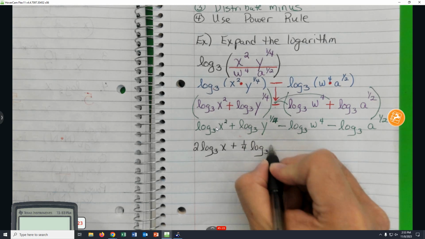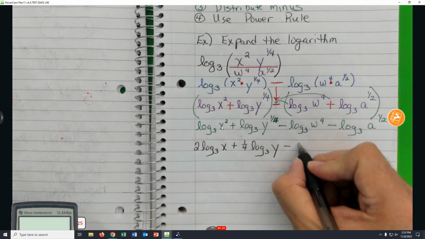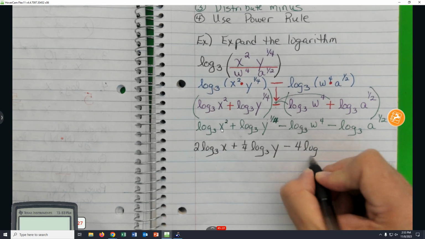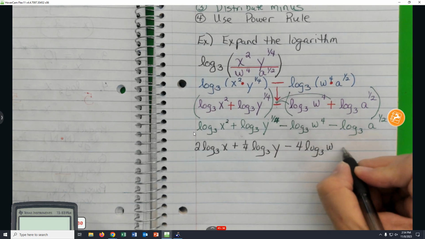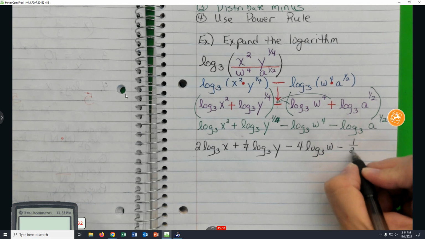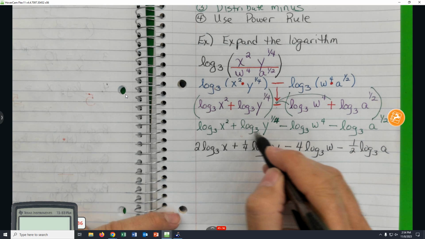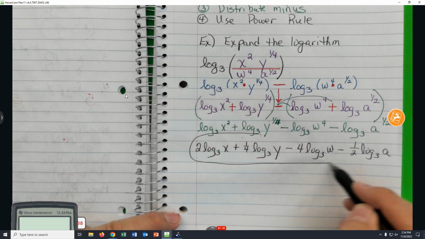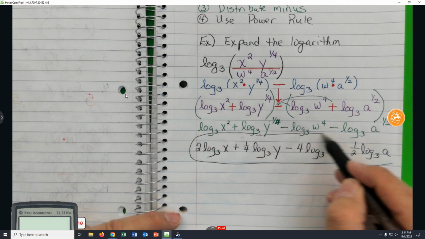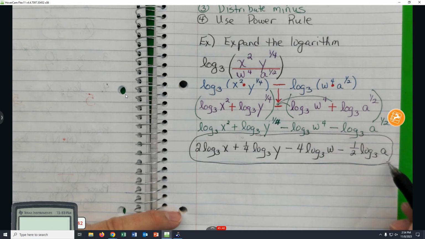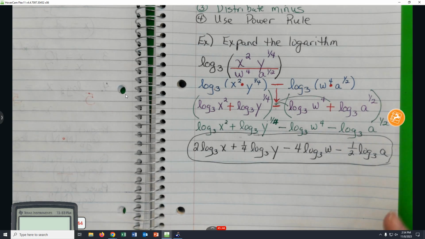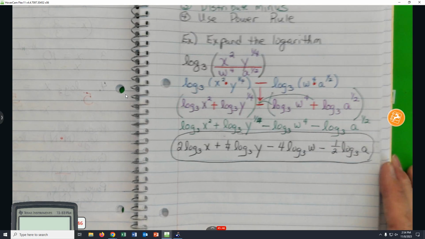But now, each exponent is only being applied to the one factor that's in the argument. Eventually, you're going to wind up having to type stuff like this in. It'll take you longer to type in your answer than to get your answer.